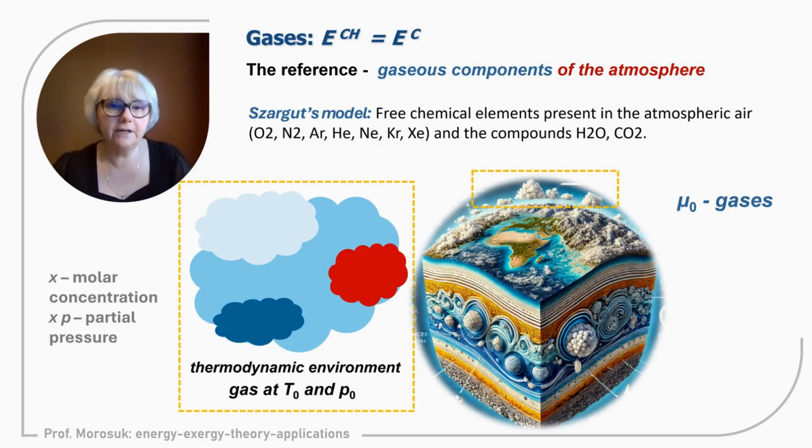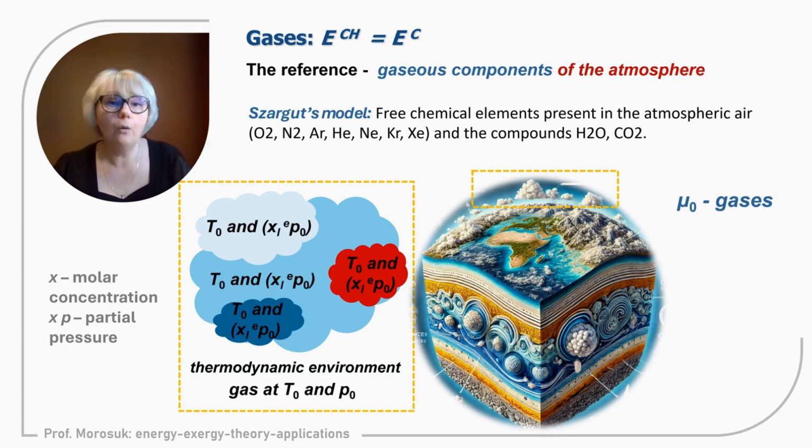So the theoretical atmosphere, from a thermodynamic point of view, we can describe as, of course, one system, because all gases together are a mixture of gases, and the entire atmosphere will be at the temperature of the environment and pressure of the environment. But each chemical substance in the atmosphere will also be at the temperature of the environment, but at its partial pressure.